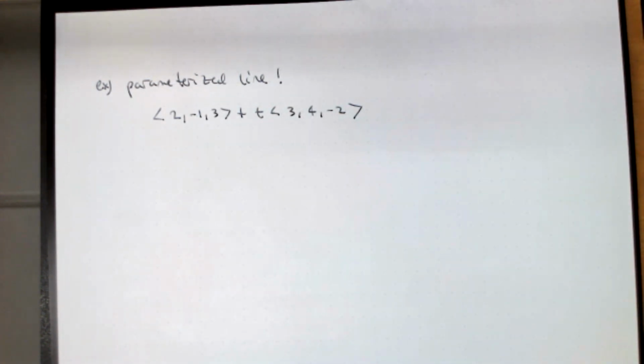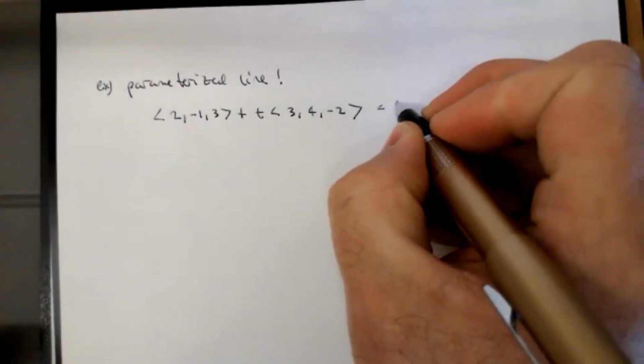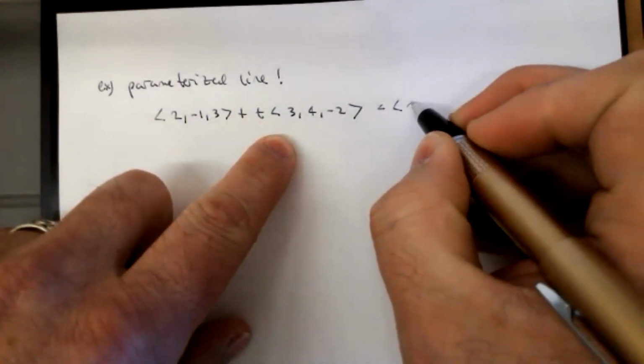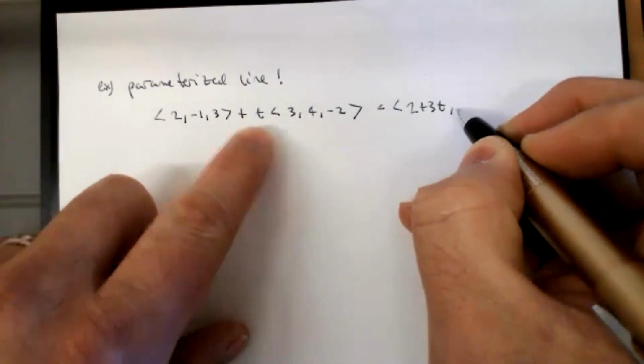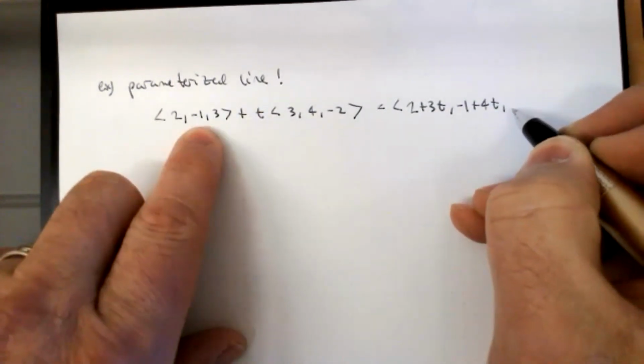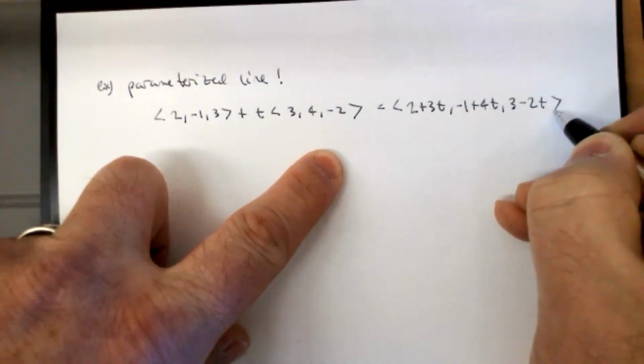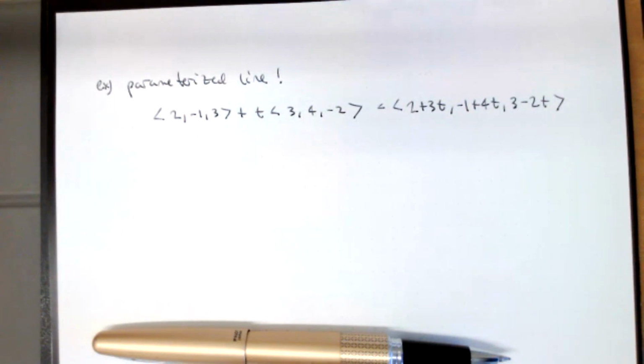If we just multiply and add, we'll get the vector 2 plus 3t, negative 1 plus 4t, 3 minus 2t. What we're looking for in parametric equations is a function for x, a function for y, and a function for z, and there they are.